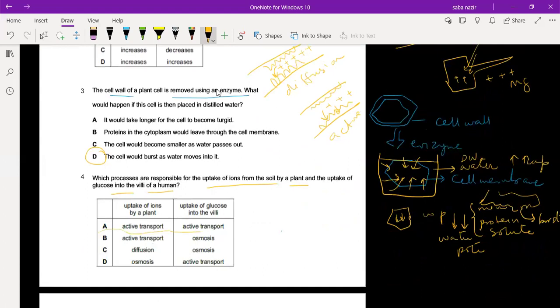The ions are taken up by the plant, and the glucose is taken up by the villi. Only the option is active transport here. If it would be diffusion in both options, then that could also be possible. But here, in the given circumstances, this is the only right option.